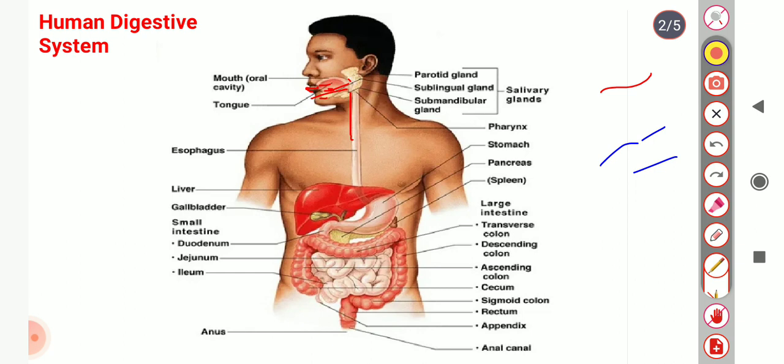Let's come to the oesophagus. You can see the structure of the oesophagus. The oesophagus or food pipe is about 25 centimeters long, and it lies behind the trachea and the heart. It comprises three parts: the cervical part, thoracic part, and abdominal part.